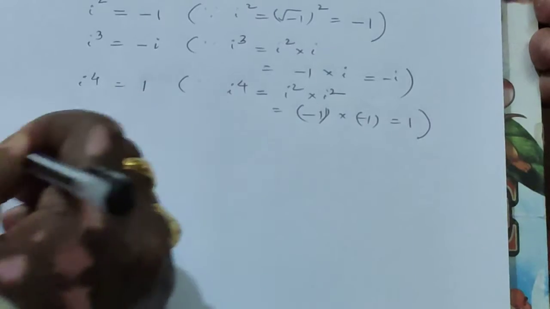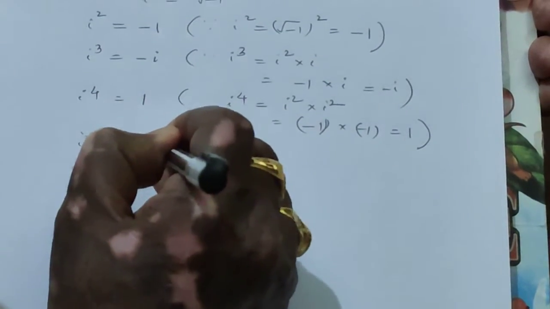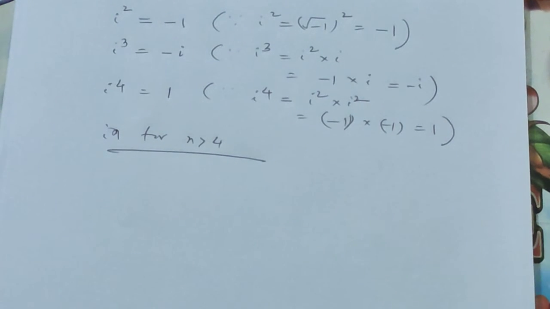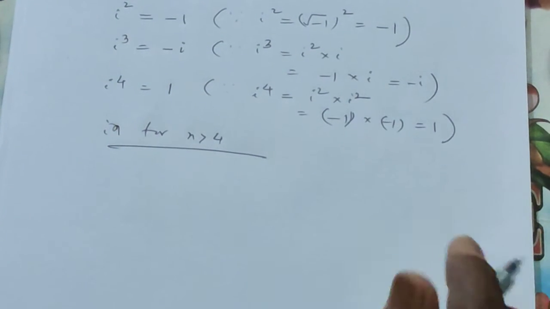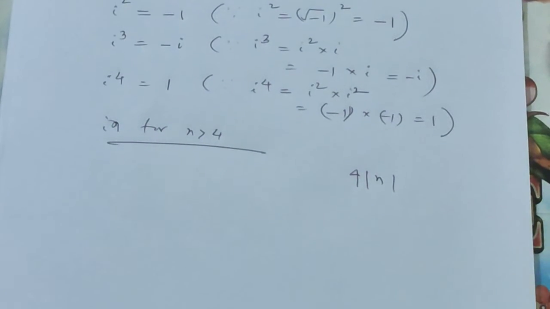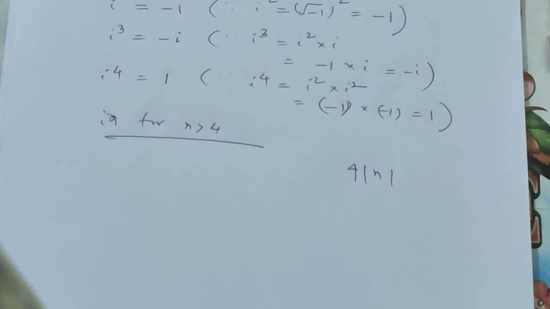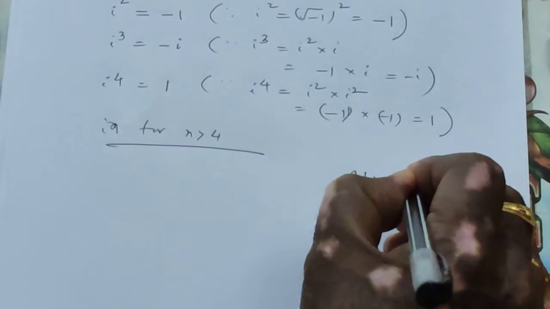In order to compute i to the power n for n greater than 4, we divide n by 4 and obtain the remainder r, and let m be the quotient.